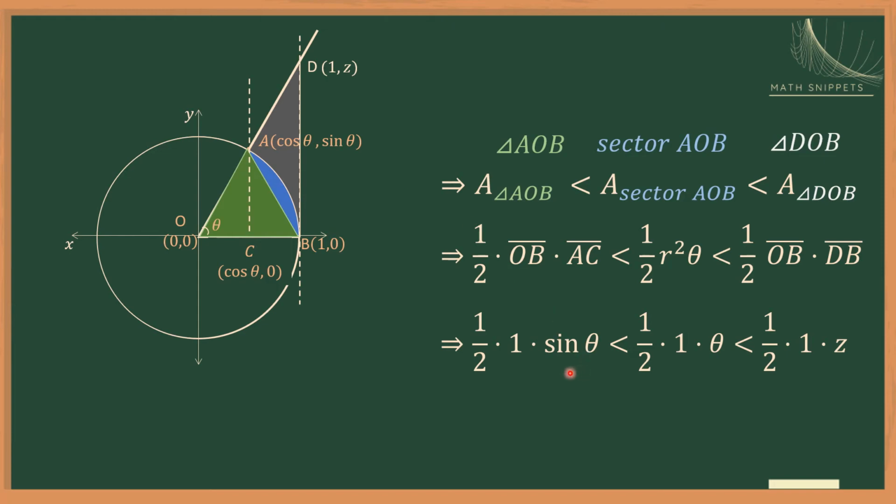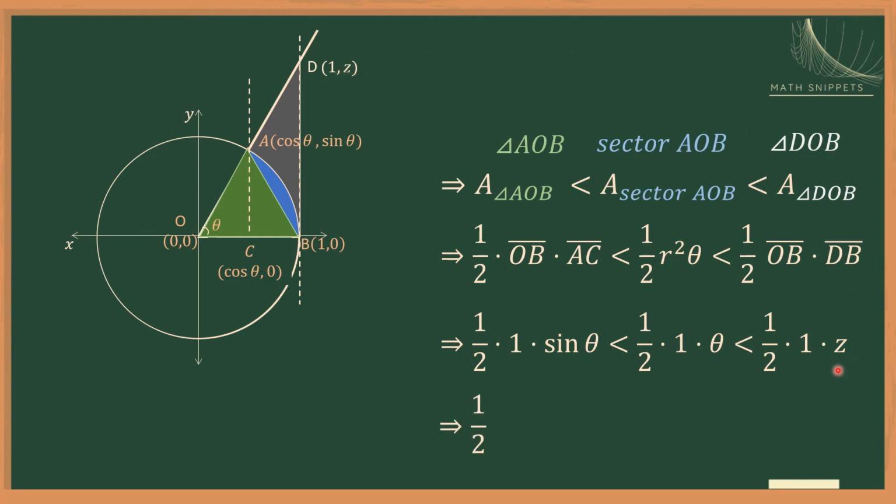That's why we have this. Okay, so r is 1, so r squared is 1, so we have 1/2 times 1 times theta. For DOB, we have 1/2 times OB. OB is again the base, which is the radius of the circle, so it has length 1, and then DB is Z. So we have this.